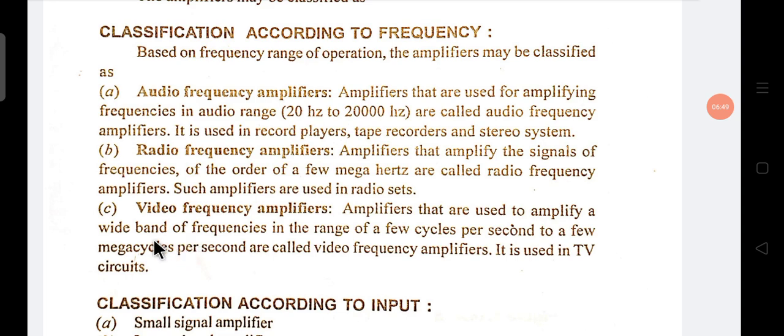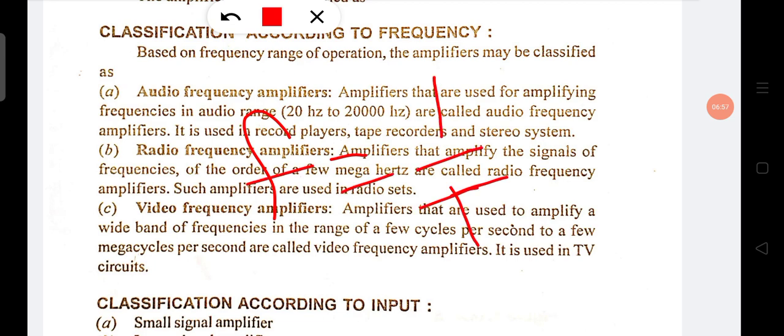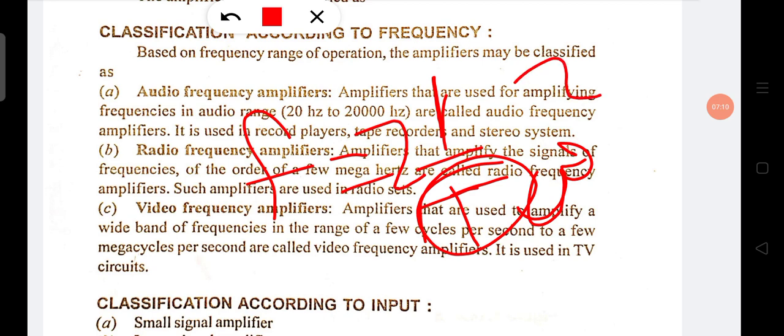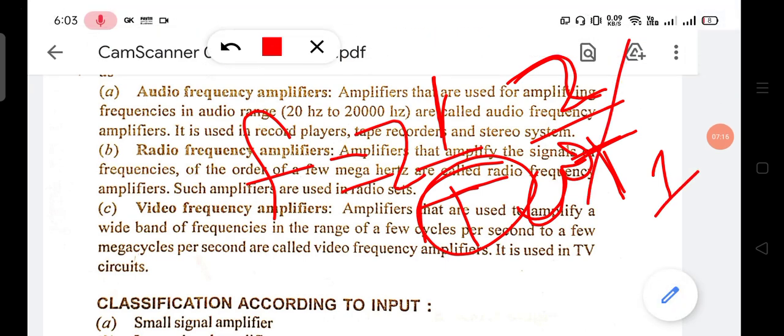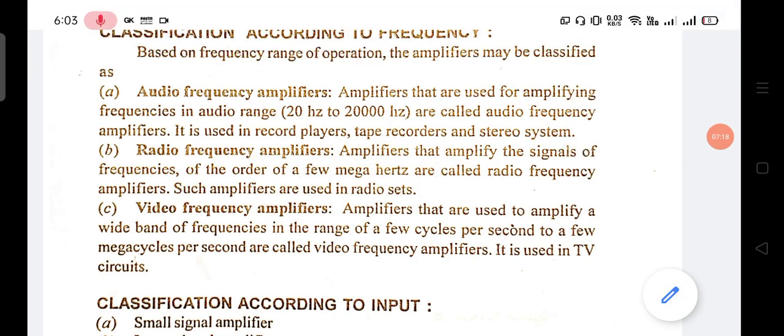Frequency equals 1 by T, where T is the cycle time. So 2 cycles per second means T is 1 second and 2 per second.